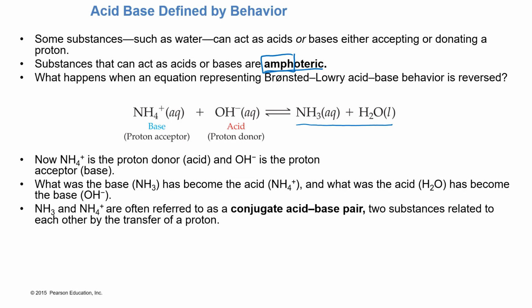And you can see here, if we go forward in this reaction, NH4 would be losing its hydrogen to the hydroxide, because here it's NH4 and over here it's NH3. So that means it's lost its hydrogen to hydroxide.